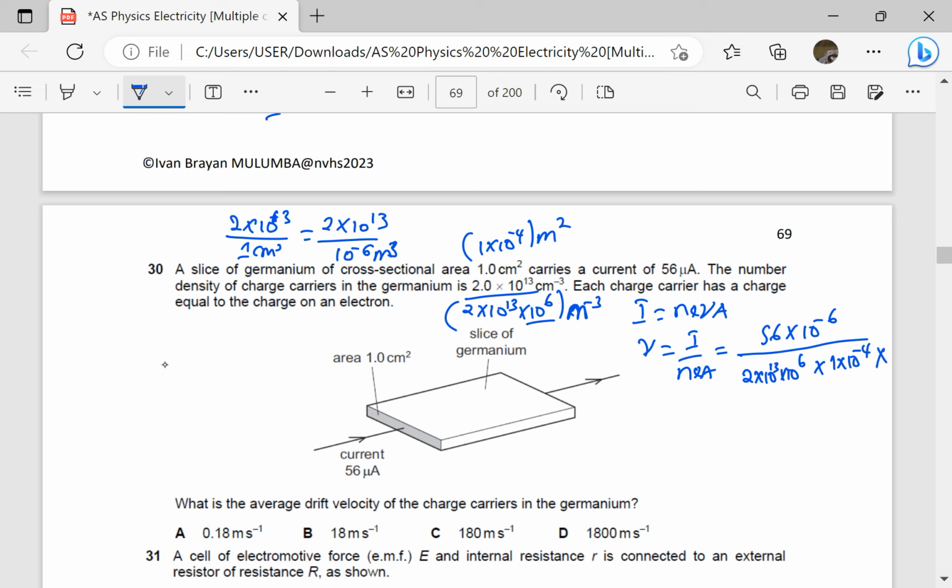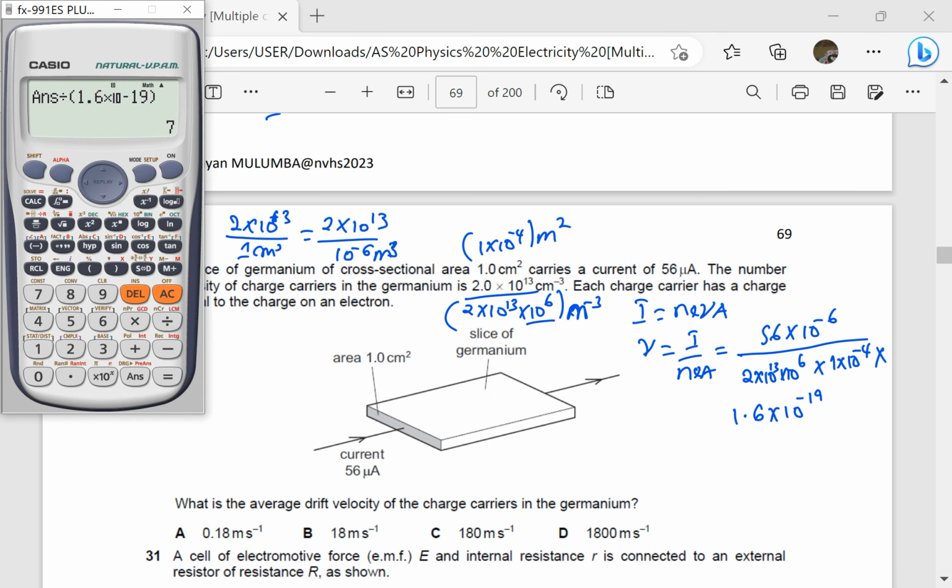And I multiply this by 1.6 times 10 power negative 19, which is the charge. So I'll check my calculator. Let me start by simplifying the denominator, but anyway, it is not very hard. 5.56 exponent negative 6 divided by 2, I'll put brackets, 2 exponent 19, that is power 13 times power 6, that is power 19.